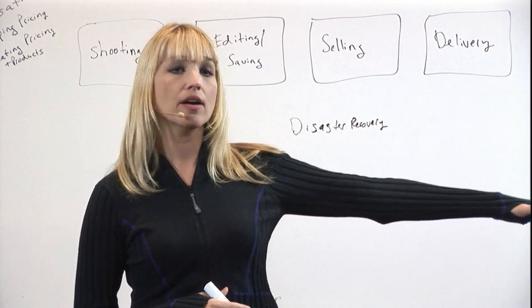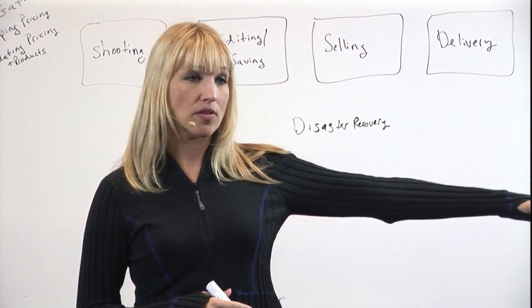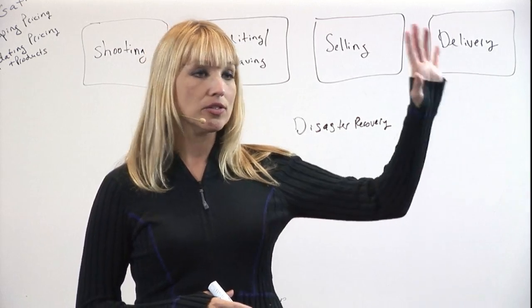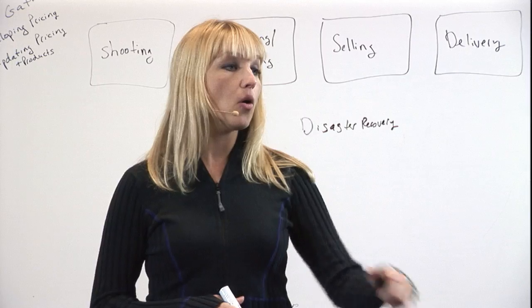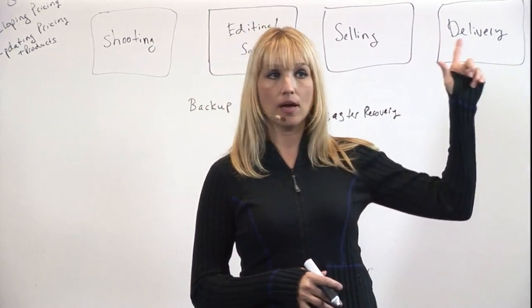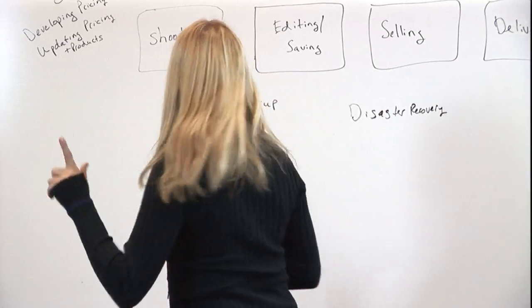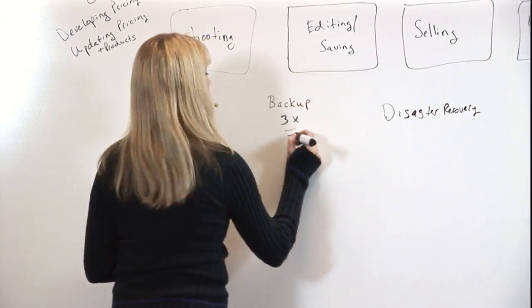No, it's just storing something somewhere else, so that if there's a flood, a fire, you get robbed, or there's a major computer crash, you have DVDs in a box at your home or your friend's home, or you have them backed up to a third-party cloud or an FTP server somewhere. So backup, a minimum of 3 times before I ever clear them from the card.